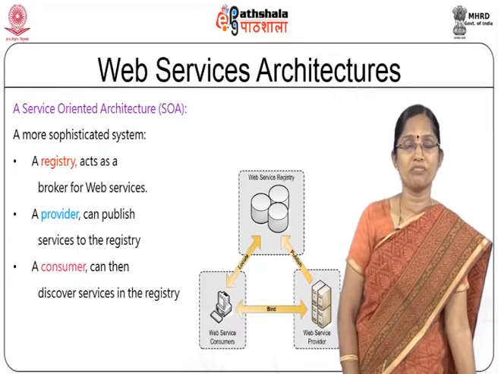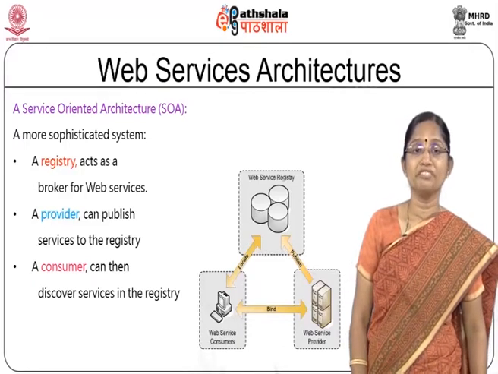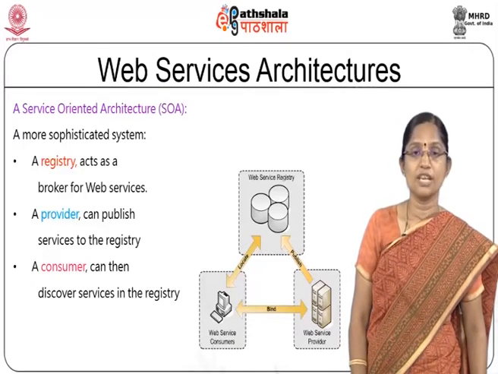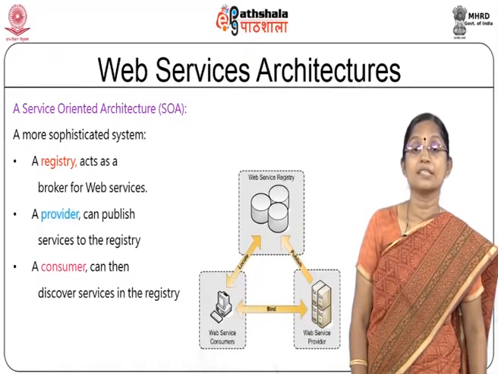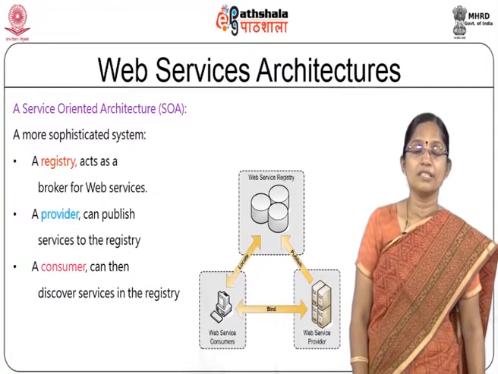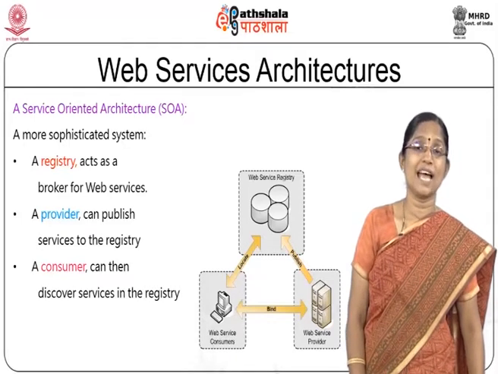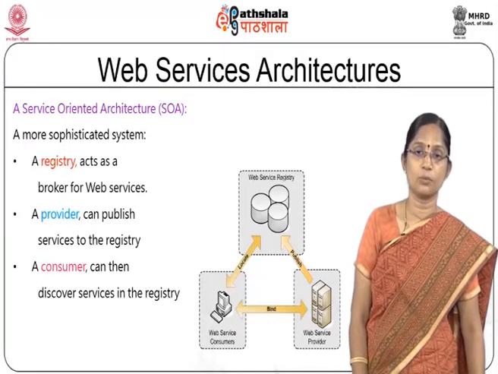This is a more sophisticated system which comprises three things: a registry, a provider and a consumer. You can see that a registry is sitting between the consumer and the producer. As I told you already, the registry is a UDDI. The registry acts as a broker for these web services.